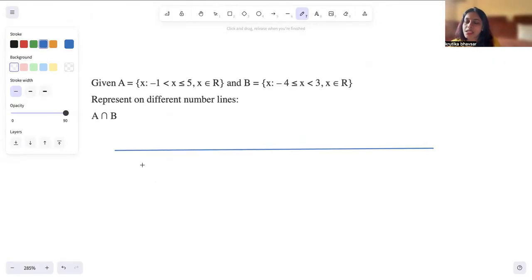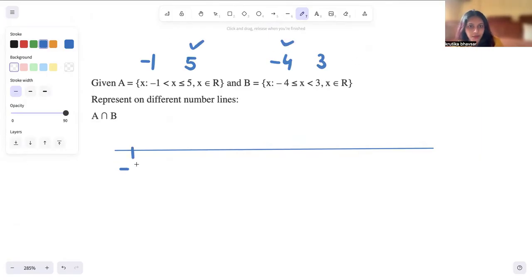When I say limits, I mean what values x can take and what are the extreme values on left hand side and on right hand side. Here, x is going maximum 5 and minimum -1. Here, minimum -4 and 3. So maximum is actually 5 and minimum is actually -4, right?